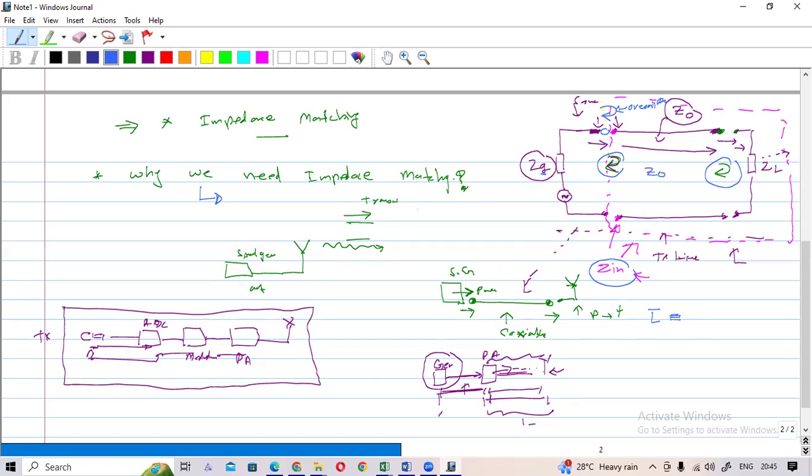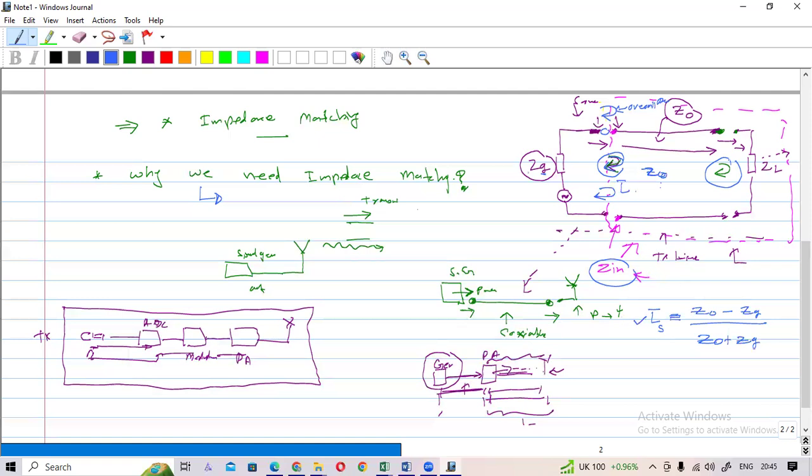If you consider the reflection at the source, here that is Z naught and this is ZG. So you can calculate it as Z naught minus ZG divided by Z naught plus ZG. So you can calculate this tau S.